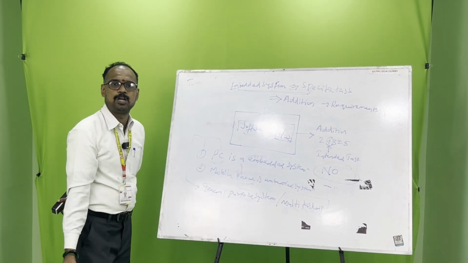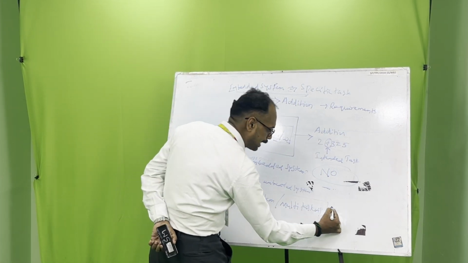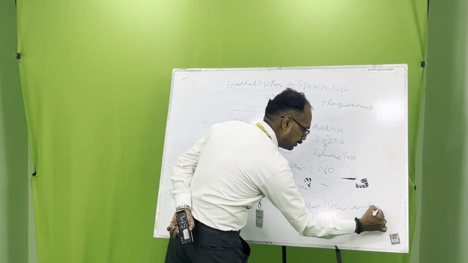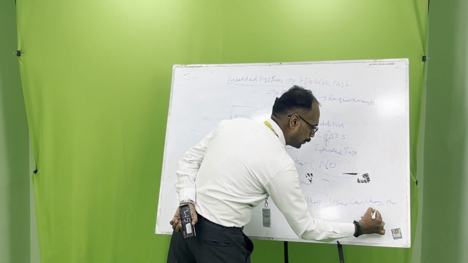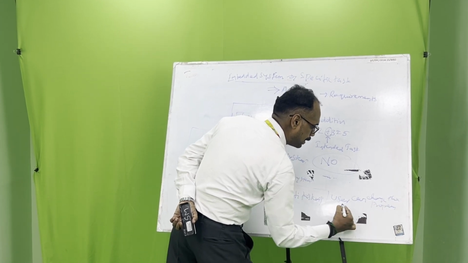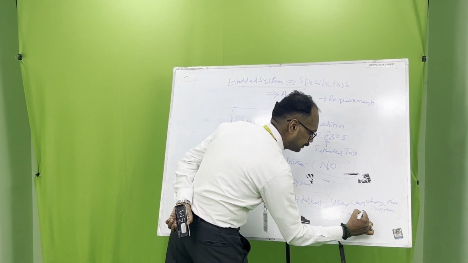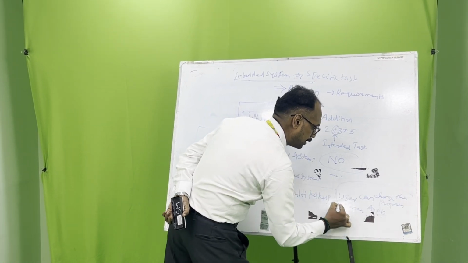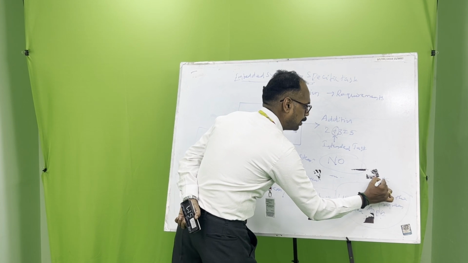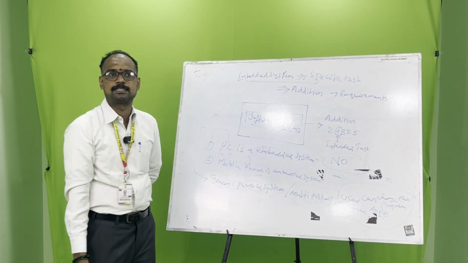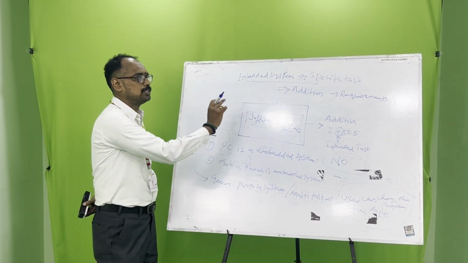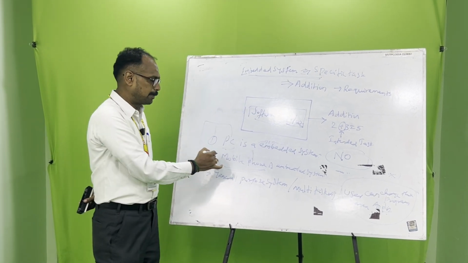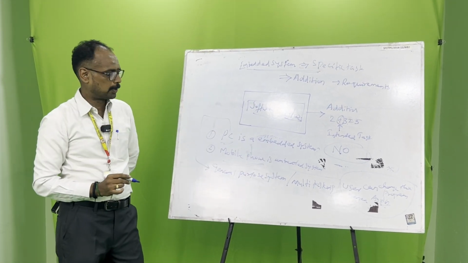And the last, very important point is that the user can change the program based on the application. So this is the very, very important point for comparing the embedded system with the general purpose system. In the embedded system, the end user can't change the applications or the program. But in the general purpose system, the end user can change the program.